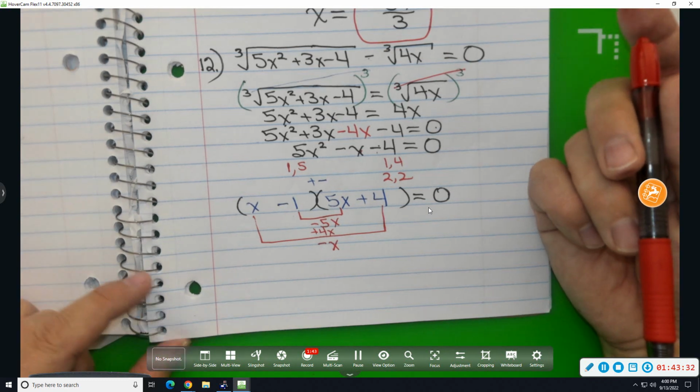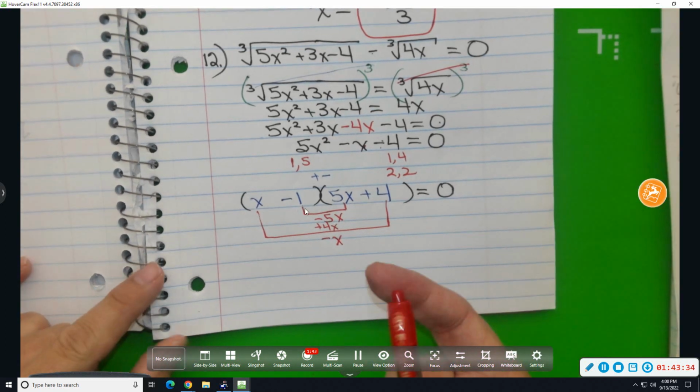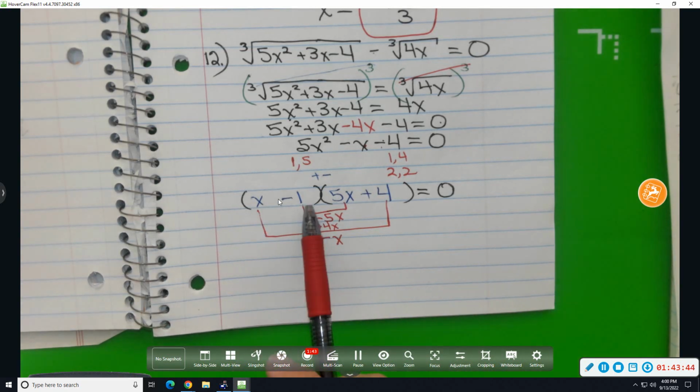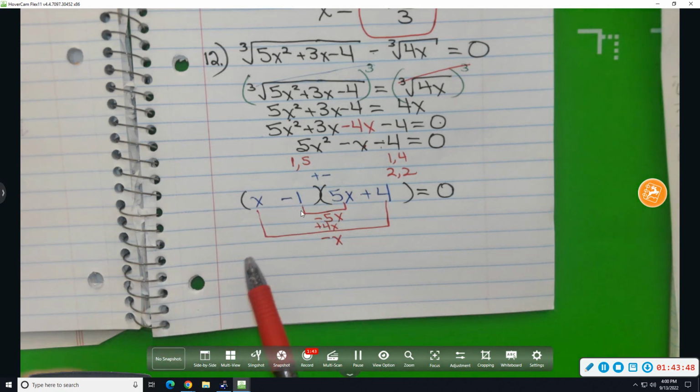I want to mention something that a student asked yesterday. When we were factoring last week, I said that you can't have common factors in the parentheses other than 1. And then I said there can't be 2 even numbers in the same set of parentheses. Then I went as far as to say there can't be 2 of the same numbers in parentheses. And that student yesterday was asking me, what about something like this?